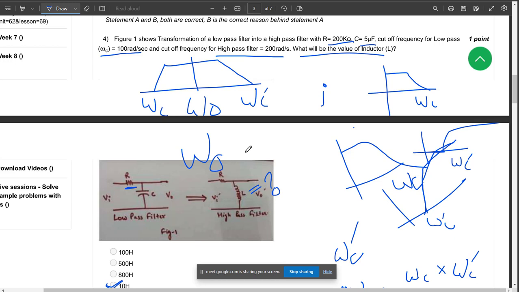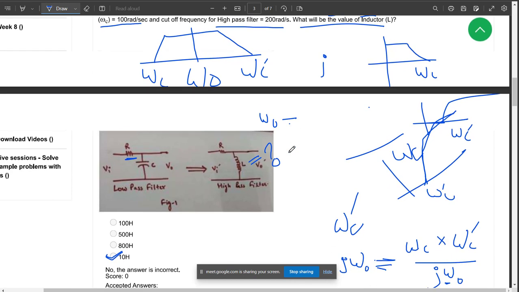Omega naught is not a center frequency like this, but it is basically the square root of omega C and omega C dash. It is simply the geometric mean, GM, of omega C and omega C dash.